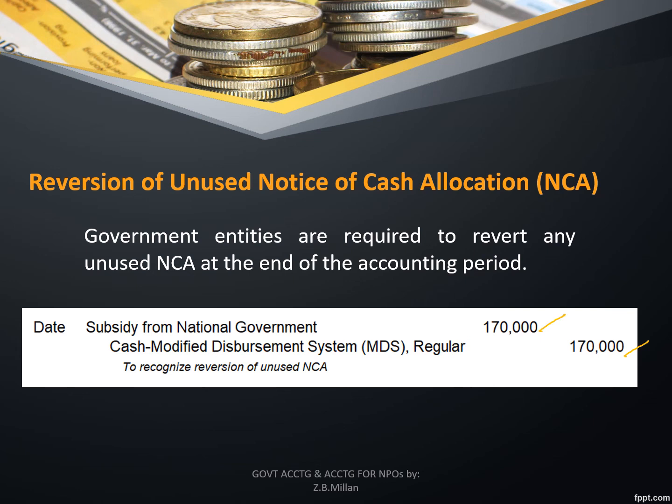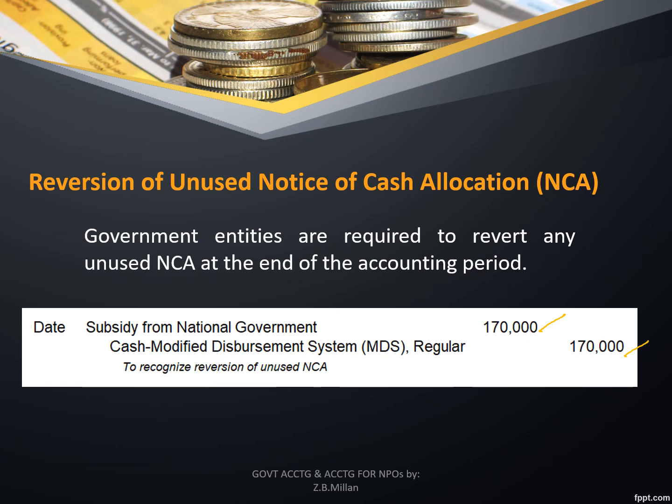Okay? So, kailan ba tayo nag-revert ng unused notice of cash allocation? So, today, currently, ang practice is ang ating notice of cash allocation shall be utilized within the quarter. So, meron tayong quarterly receipt of notice of cash allocation.